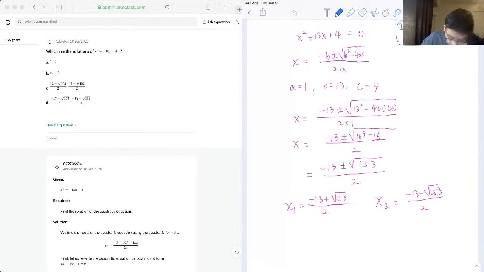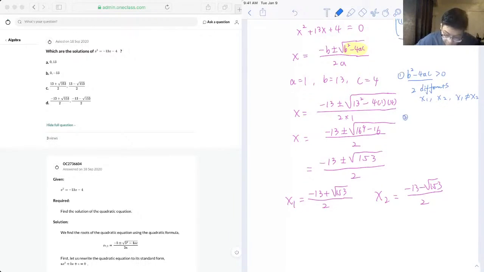So remember this part. At the beginning when we apply the quadratic formula, b squared minus 4ac, right? After calculating b squared minus 4ac, if this number is greater than 0, we're always going to get two different roots, x1 and x2, where x1 is not equal to x2.